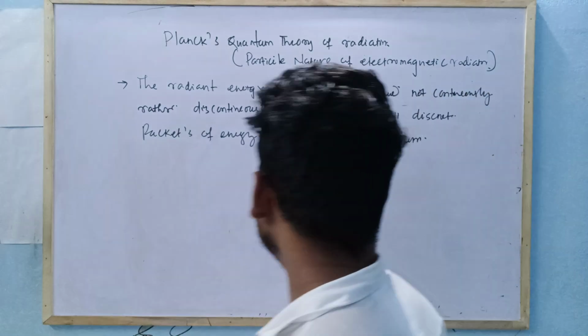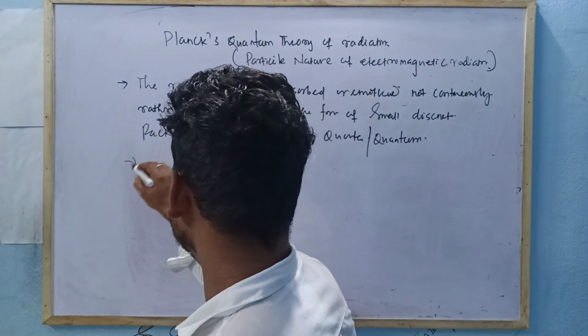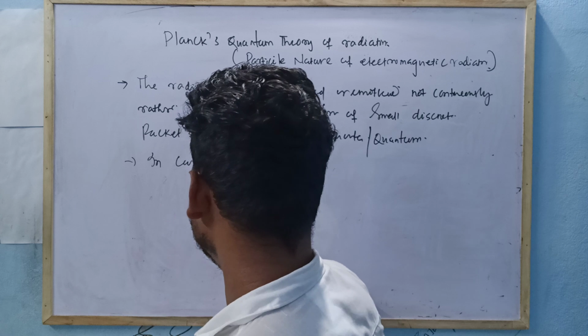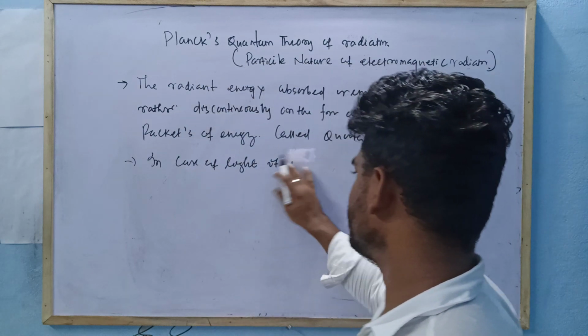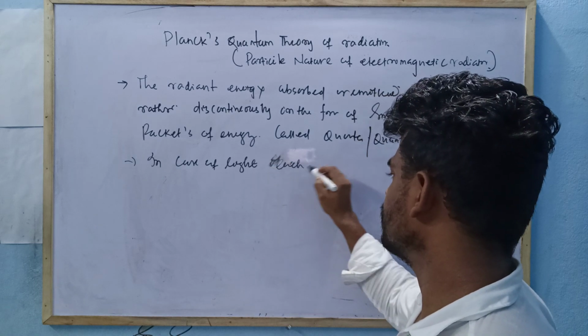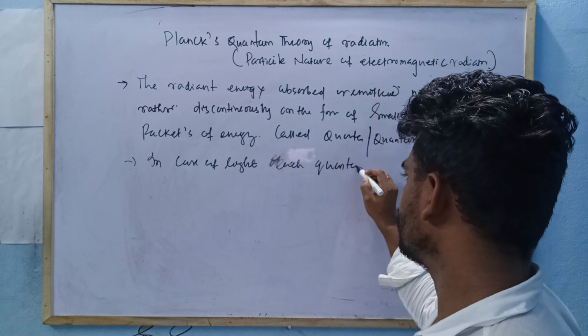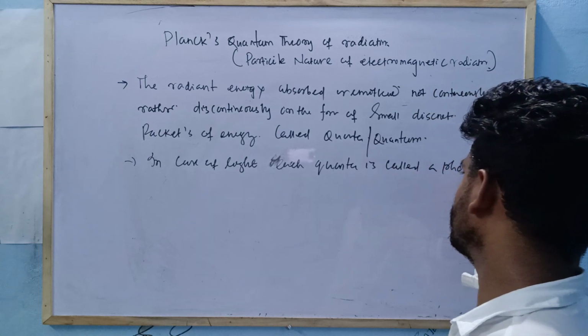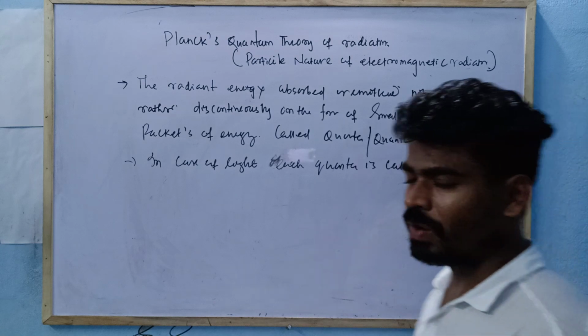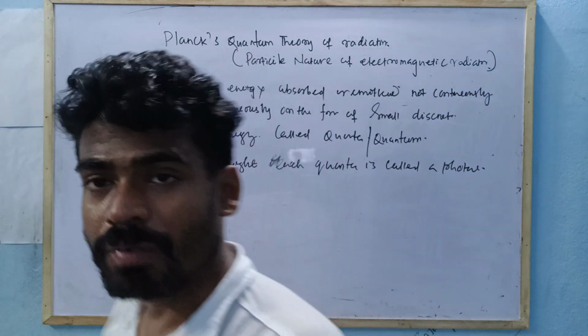In the case of light, each quanta is called a photon. Each quanta is called a photon.